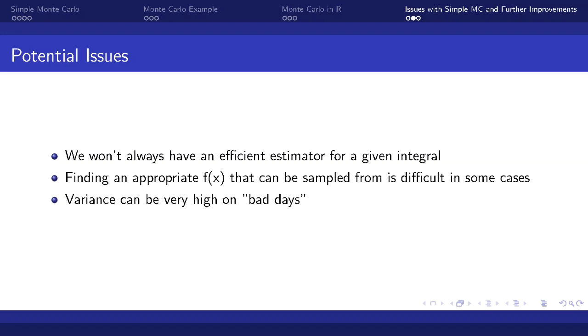Second, finding an appropriate distribution function to sample from is difficult in some cases, as it may be hard to predict the correct distribution model to use for any given estimator. Third, the variance can be very high on bad days, as we saw in our example. Therefore, we will need to either find solutions or creative workarounds to these problems.